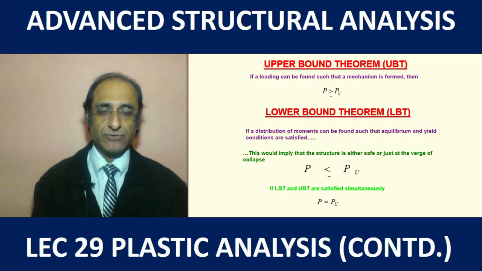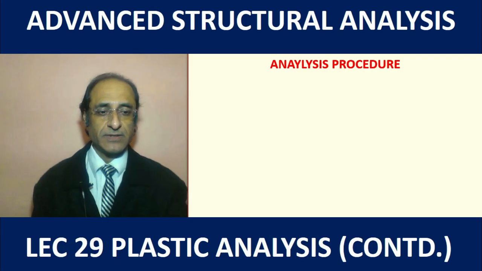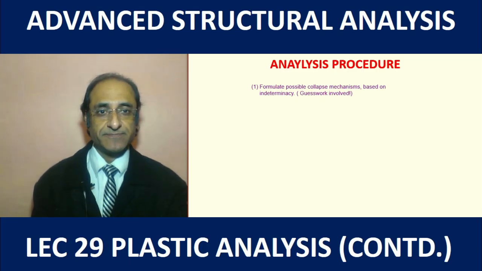Now let's continue further and let's define the analysis procedure, how we'll be applying these two theorems. So our first step will be that we'll formulate some possible collapse mechanisms, and here limited guesswork is involved in the case of indeterminate structures, but then we'll devise some guidelines based on the experience we have gained so far.